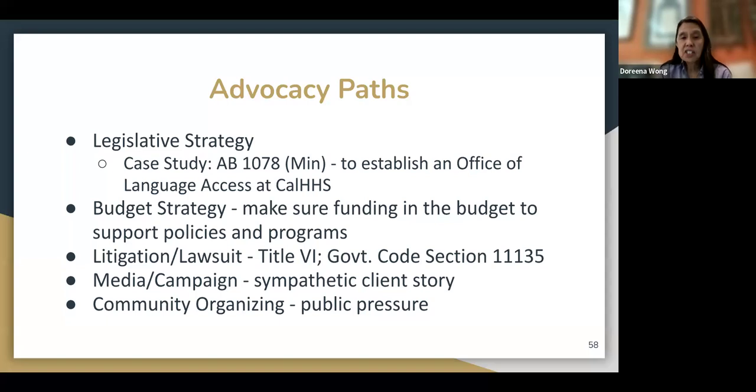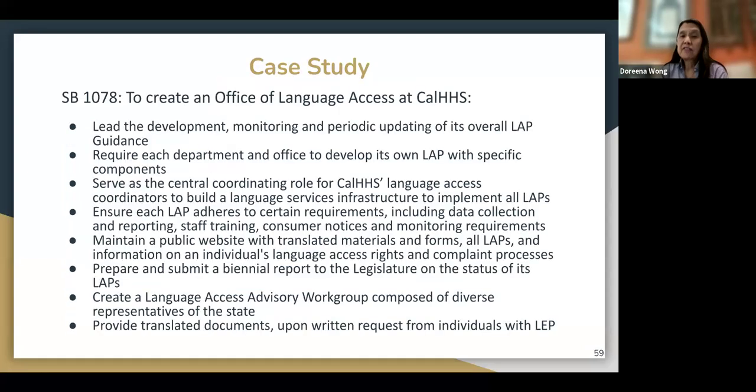As I mentioned, we just wanted to include here for your reference an effort where, this last year, some CBOs, 5 CBOs, including ARI, sponsored SB 1078 to create an Office of Language Access at the CalHHS agency. And so we wanted just to codify what they were already doing, supposedly.